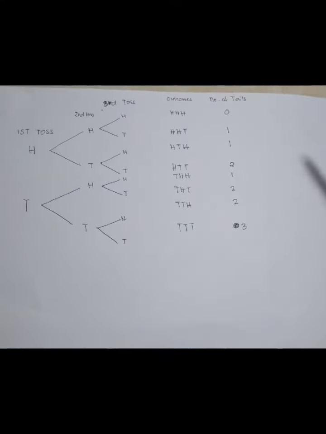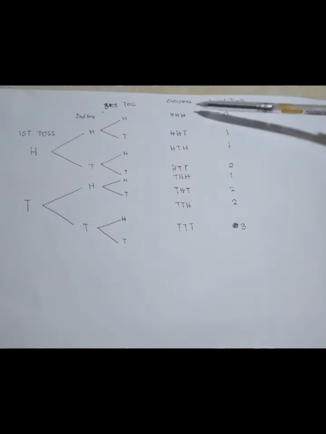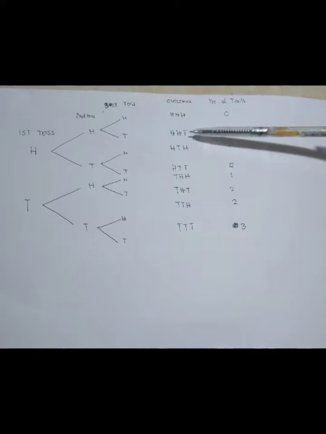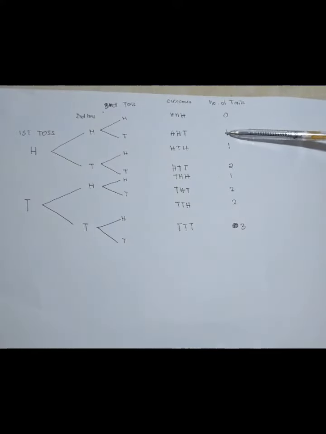So, this time we will be getting the number of tails. In the first outcome, there is no tail. Then the second outcome, there is one tail, and also in the third one, there is one tail.